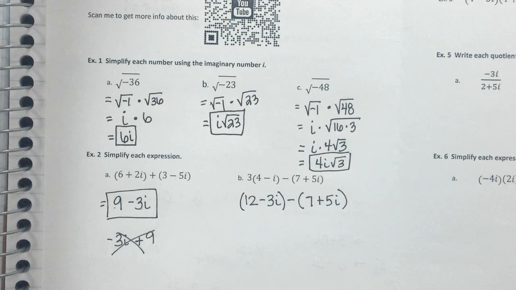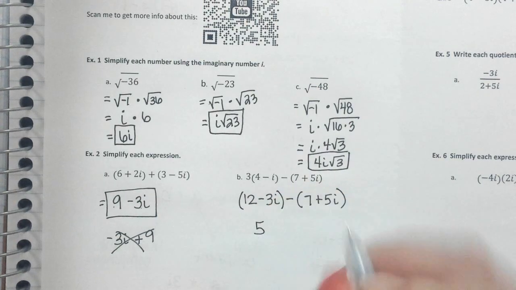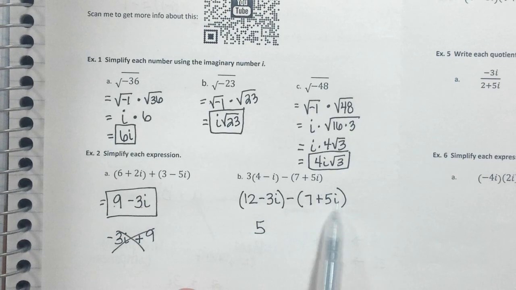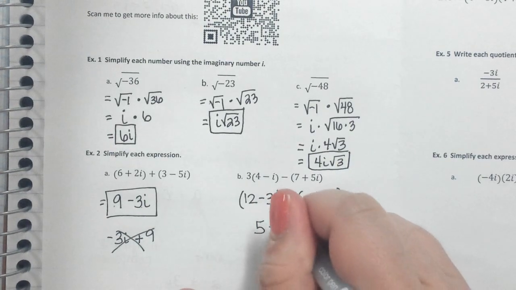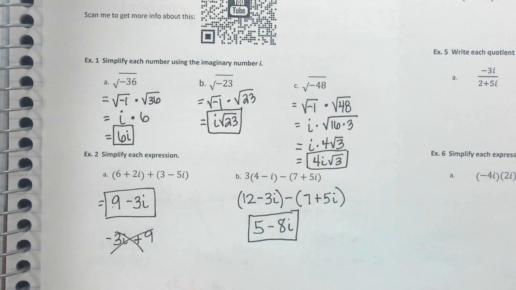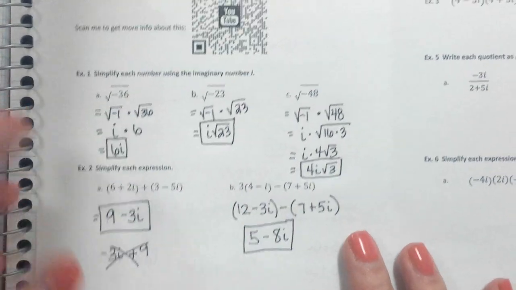So, like terms. 12 minus 7 is 5. And then negative 3i minus 5i. Yep, negative 8i. So this would be 5 minus 8i. That's not too bad, right? Like I said, mechanically simple, conceptually wild.